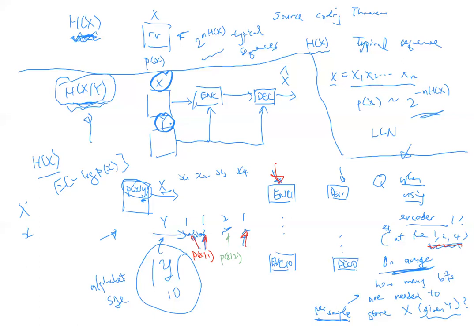For example, when y equal to 1, I can have a distribution like this red one, and when y equal to 2, I can have another distribution, like the green one here.